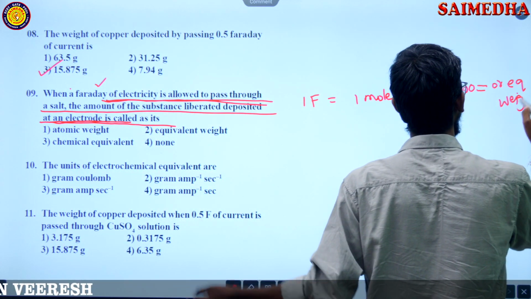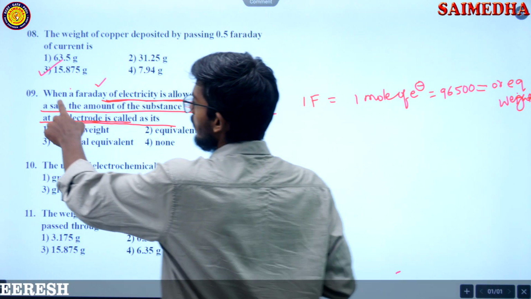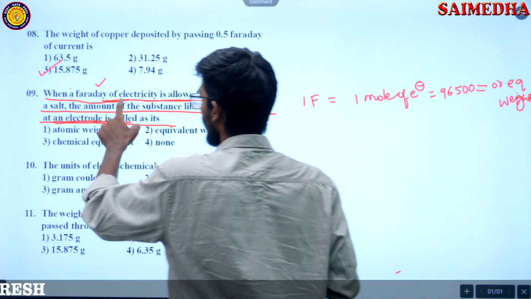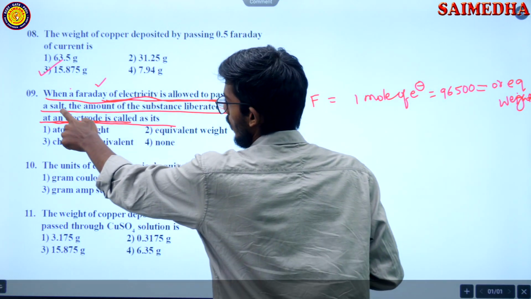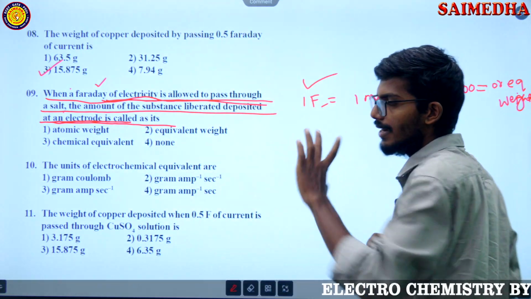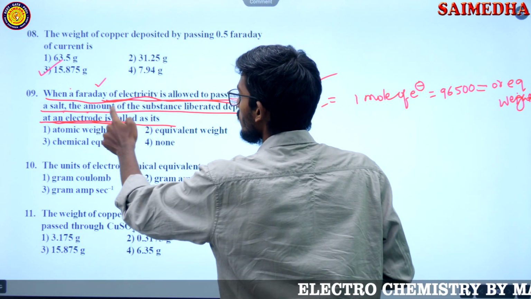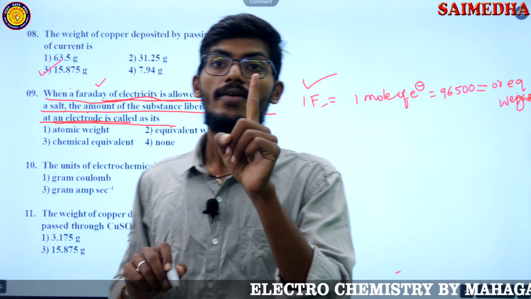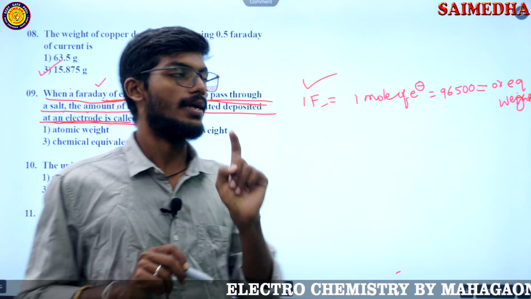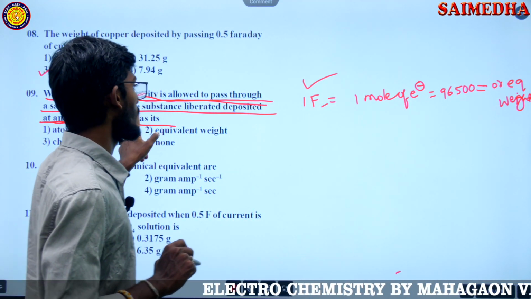Then what is it asking now? When 1 Faraday of electricity is allowed to pass through a salt, okay, the amount of substance liberated, he is asking amount. Amount means what? Weight. Amount means weight. The amount of substance liberated.